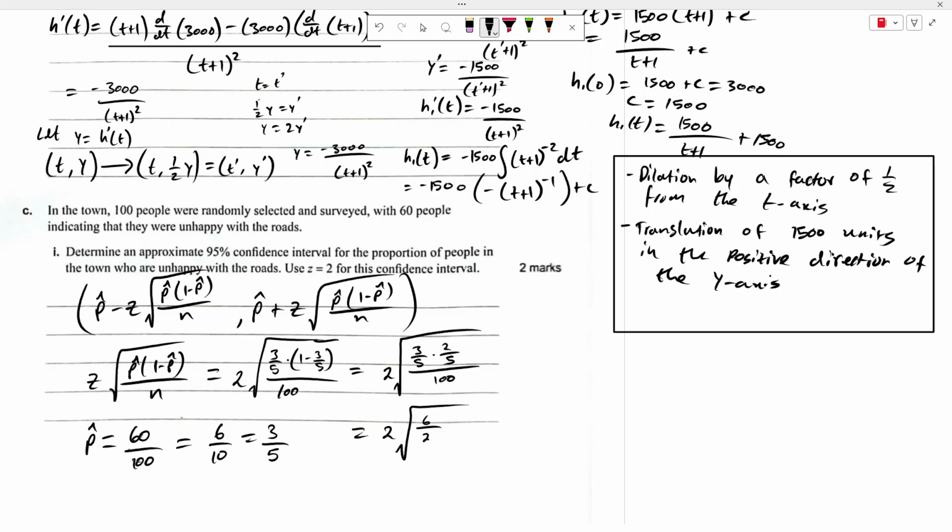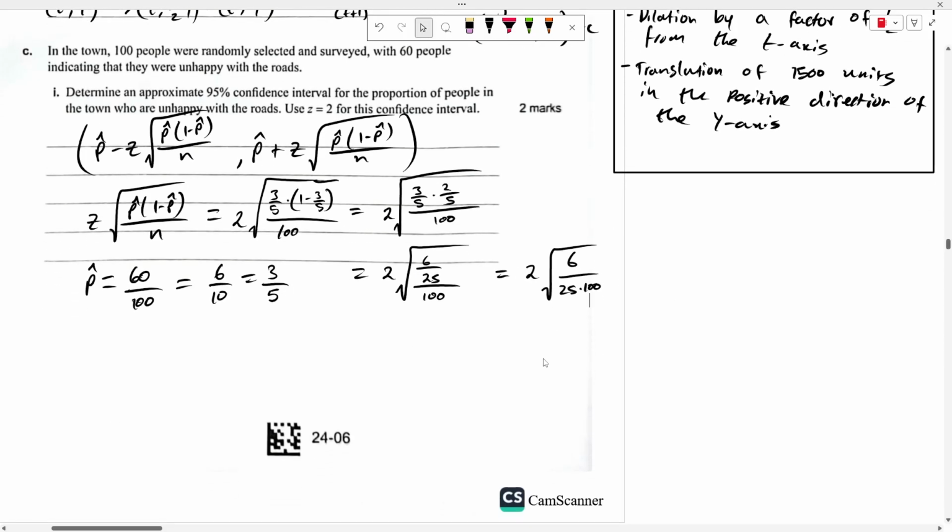So this is going to be 3 over 5 times 2 over 5, all divided by 100. That's 6 on 25 on 100. So 2 times the square root of 6 over 25 times 100. We're not going to actually calculate 25 times 100 just yet. We'll see why in a second.